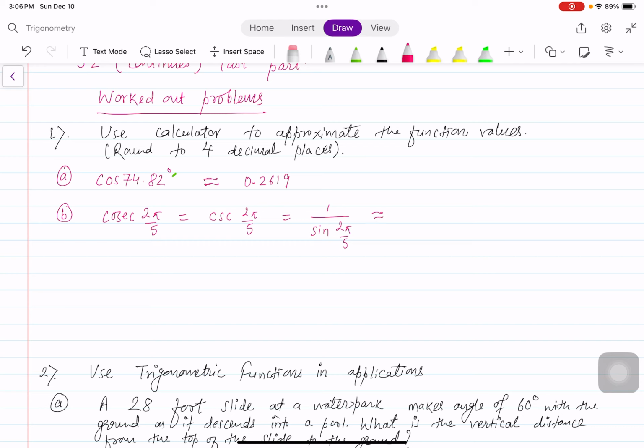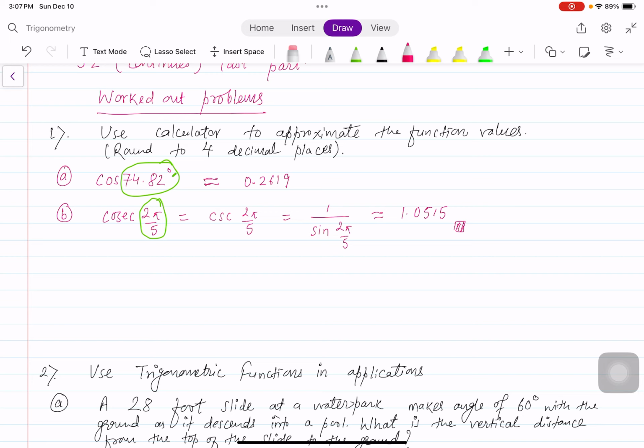And now before you use the calculator, make sure your calculator is in radians mode, since this angle is in radians. This angle here was in degrees. So using the calculator you can find the reciprocal, and this whole thing turns out to be 1.0515. So these are the answers to these problems.